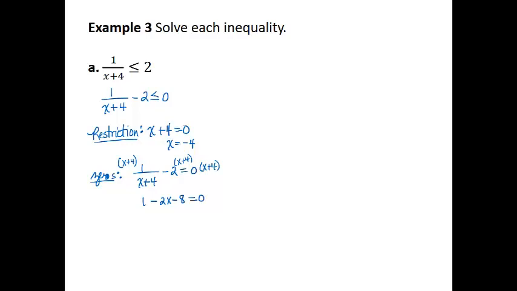Be sure to distribute the negative 2 to that LCD. Combining like terms, we get negative 2x minus 7 equals 0. Negative 2x equals 7, or x is negative 7 divided by 2. And if you need to put that as a decimal so you can think about the values in the intervals, you can. That's really negative 3.5.